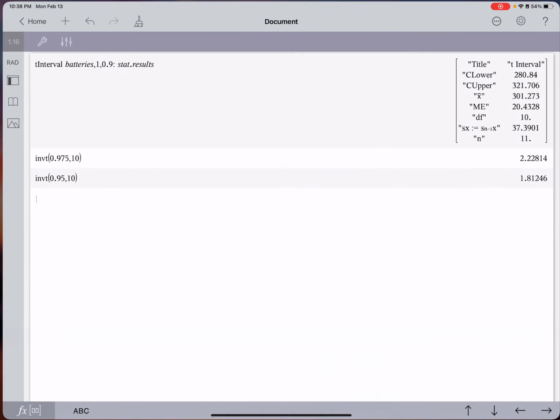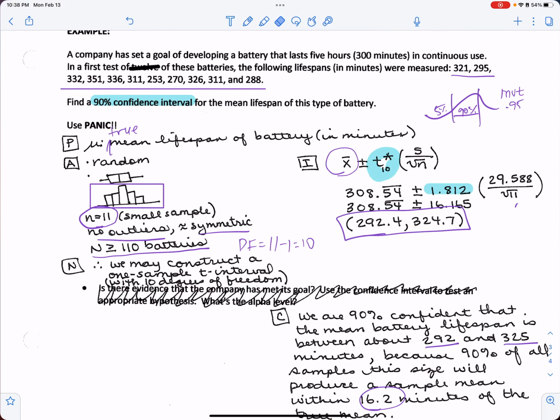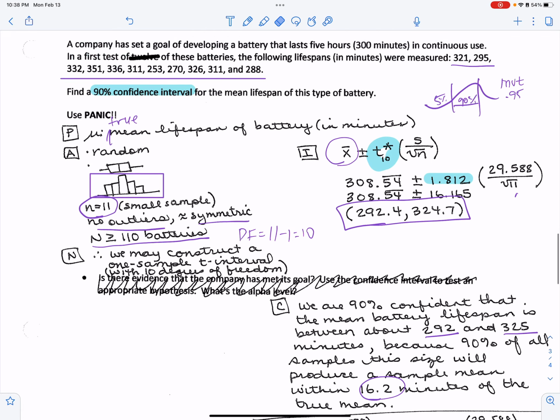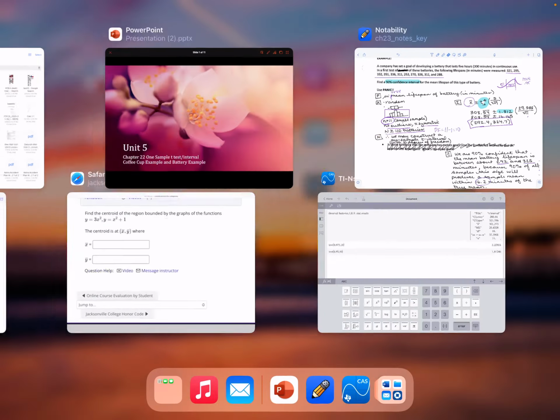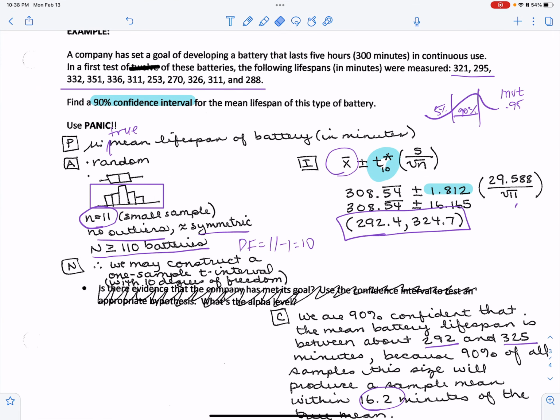You know what? I did a 90% confidence. Yeah, that's wrong. That should say 20, not within 16.2 of the true mean. Yeah, that's a mistake here. So I'm just looking at here. My margin of error is 20.4. So that's exactly what it should say, 20.4, not 16.2. Right there.